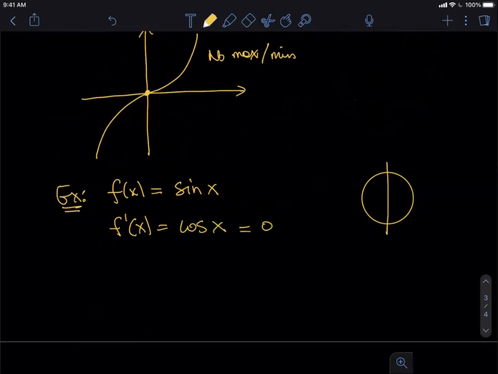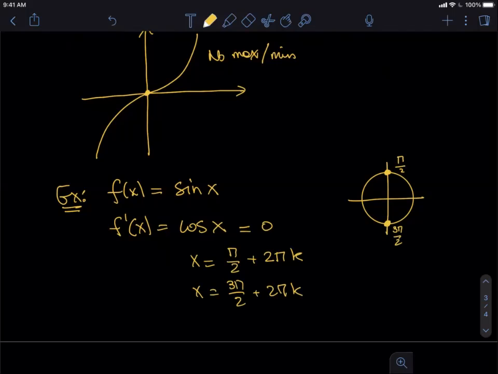Looking at the trigonometric circle, the cosine is equal to 0 at the north and south pole, okay? In pi over 2 and 3 pi over 2, right? Pi over 2 plus 2 pi k, or 3 pi over 2 plus 2 pi k. And here again, k is 0, plus or minus 1, plus or minus 2, and so on.